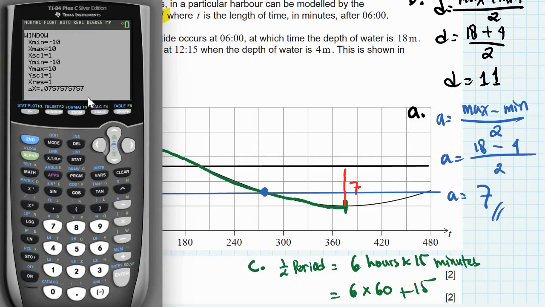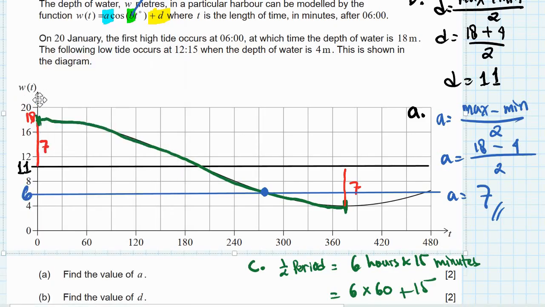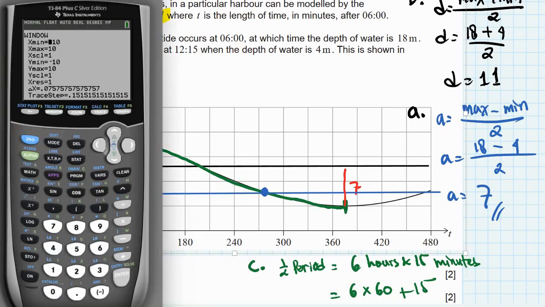Let's change our window. As you can see, the x max is 20, the y max is 20, and the y minimum is 0, and then x min is negative 10. Okay, x max is 480.